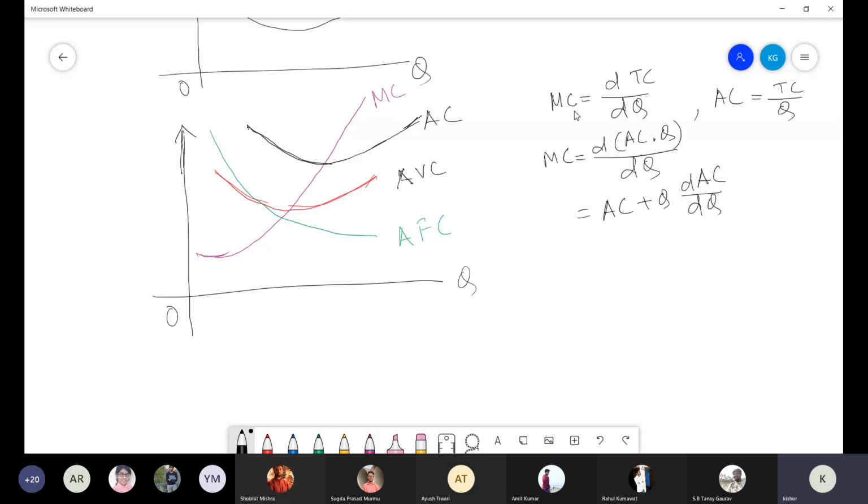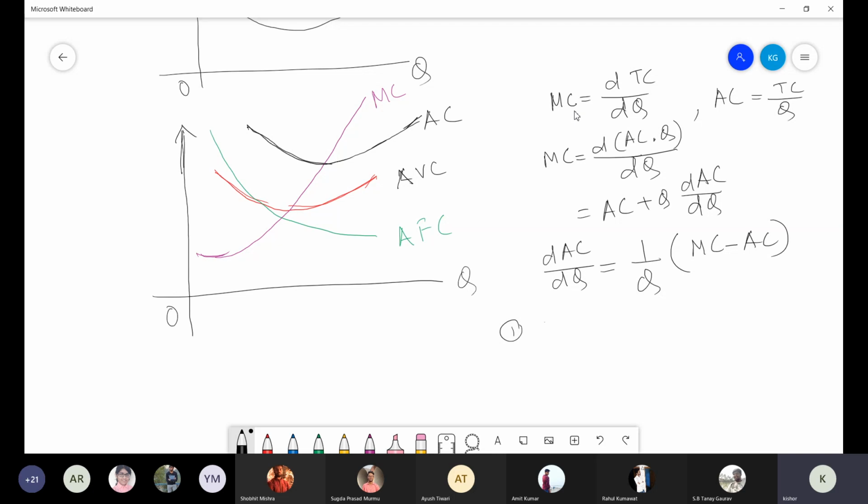If you bring dAC by dQ to the left side, dAC by dQ equals 1 by Q into (MC minus AC). Now three possibilities are there because we do not know the values of MC or AC. The equation is not in front of me. If the equation were there, I could solve it very easily. But if it is not, three possibilities may be there.